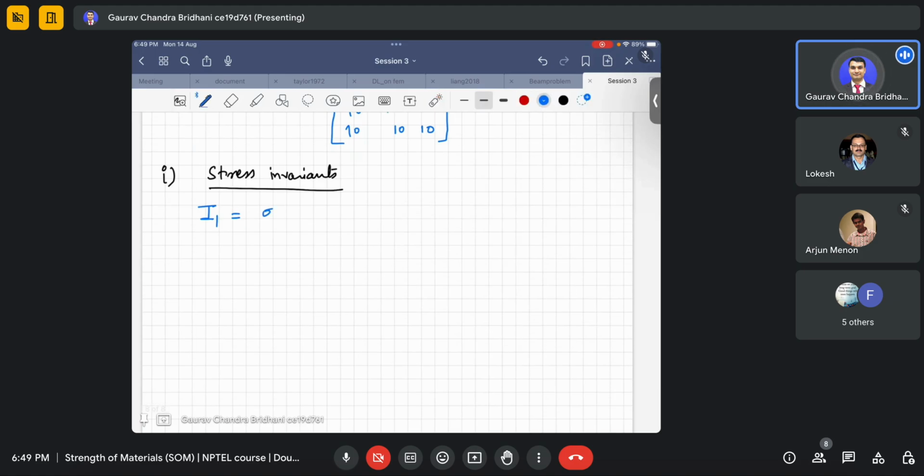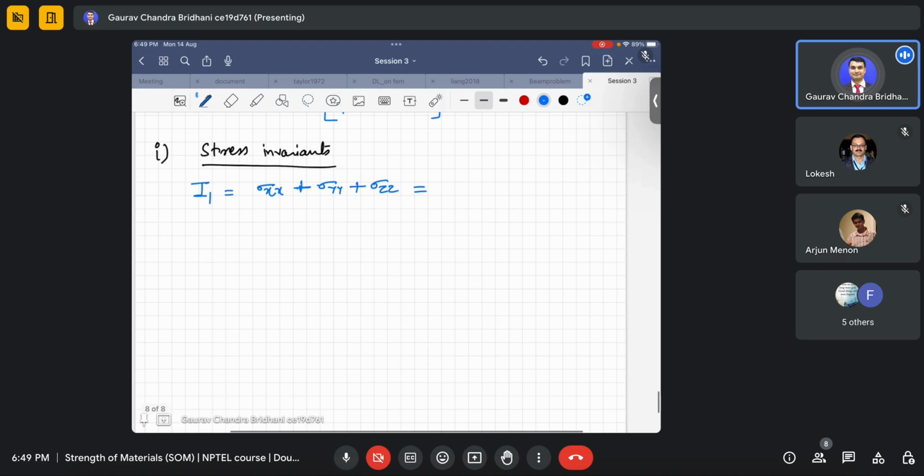Even if we write it, first I will write it for a general given stress tensor: sigma xx plus sigma yy plus sigma zz. Or if you want to write it in terms of principal stresses, it will be sigma 1 plus sigma 2 plus sigma 3.